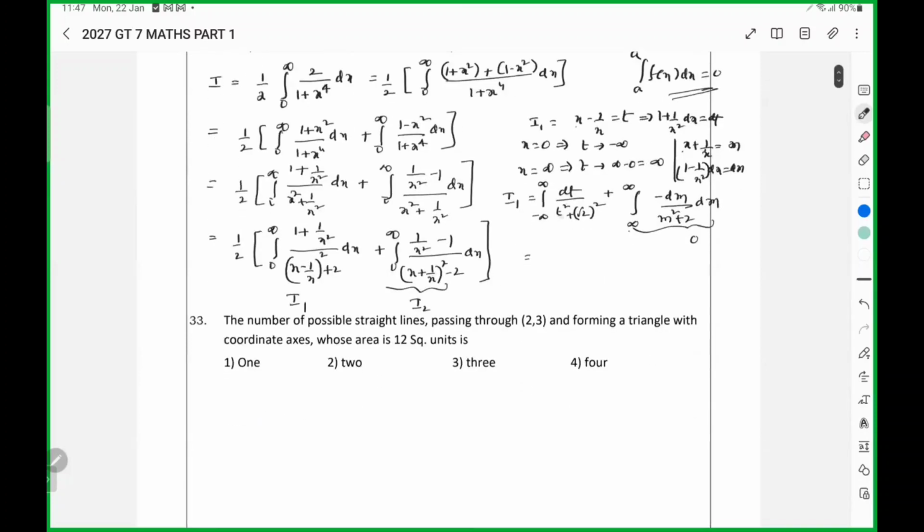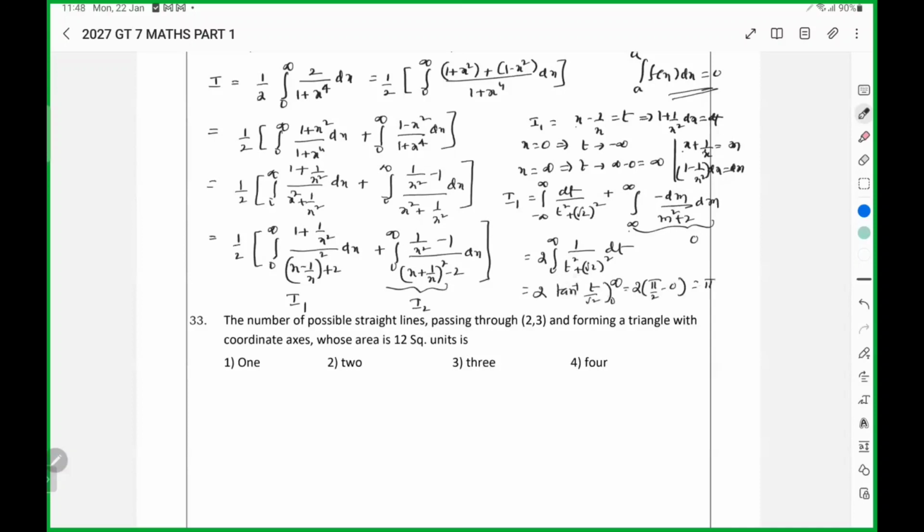So if you replace t with minus t, there is no change. So 2 times 0 to infinity, that is 2 tan inverse of t by root 2, tan inverse infinity is pi by 2, minus tan inverse 0, which is 0.